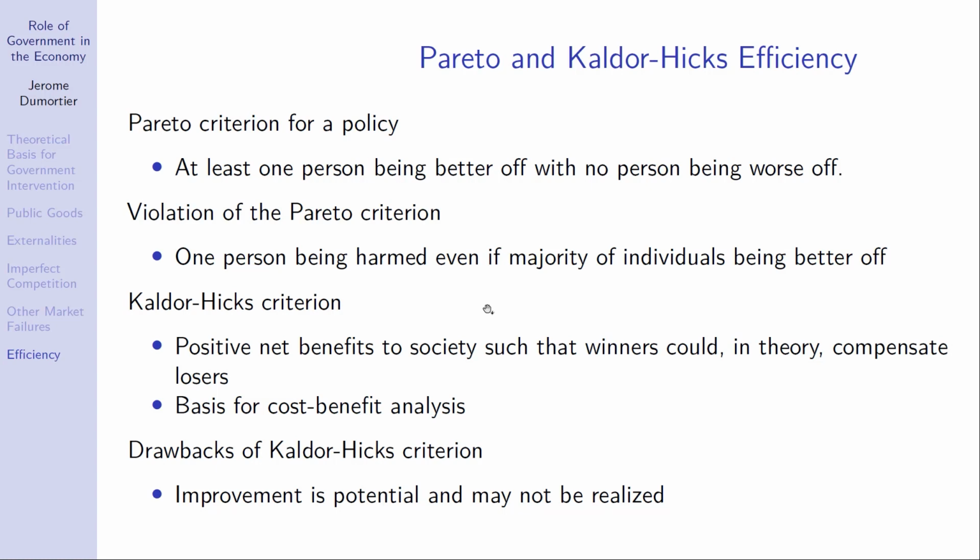The first one is called Pareto efficiency, and the second one is called Kaldor-Hicks efficiency. The Pareto criterion for a policy means that you implement a policy if at least one person is better off, with no other person being worse off. Note that this is extremely restrictive, because you have to ensure that no other person is worse off.